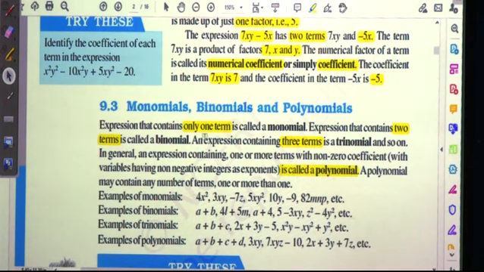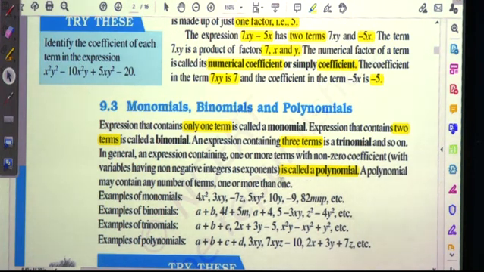One term is a monomial, two terms binomial, three terms trinomial. Then what about four terms, five terms and n terms? All are nothing but polynomials. A polynomial may contain any number of terms, one or more than one.